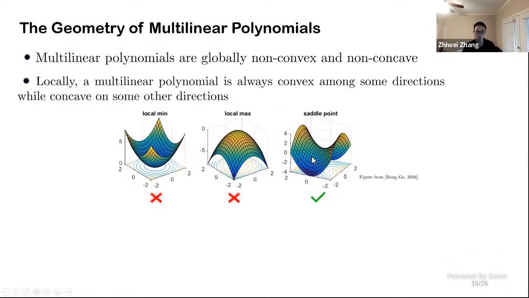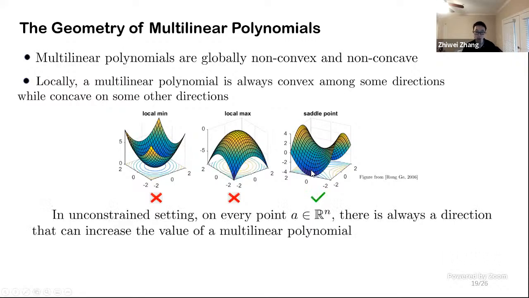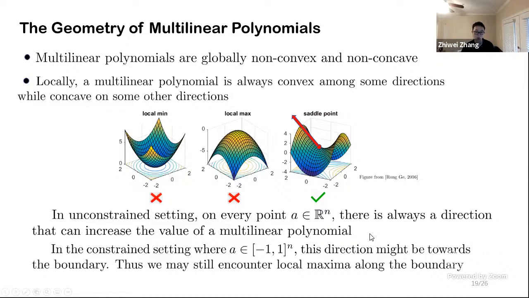But a saddle shape is not the worst thing in search, because we have a great chance of escaping from it. Formally speaking, if we do not apply our box constraint, on every point there will always be a direction where we can increase the polynomial value.